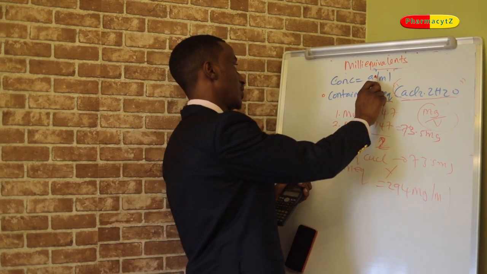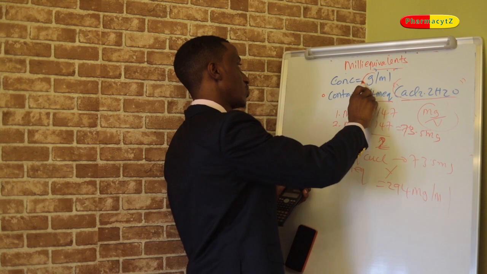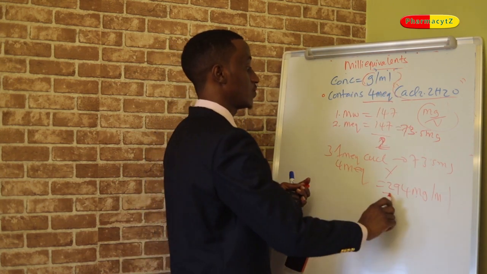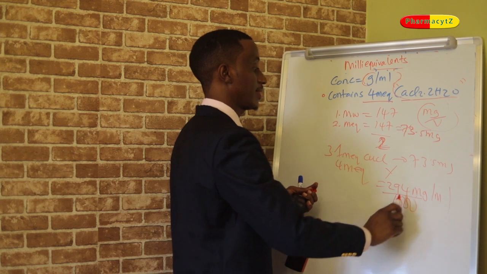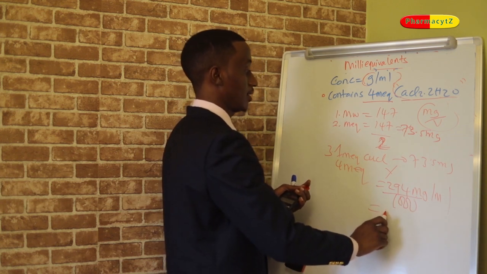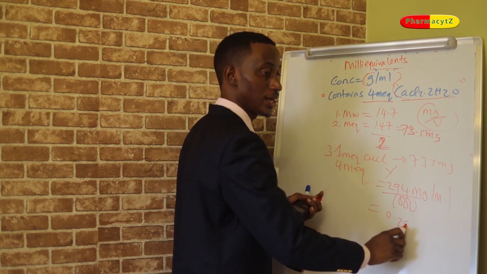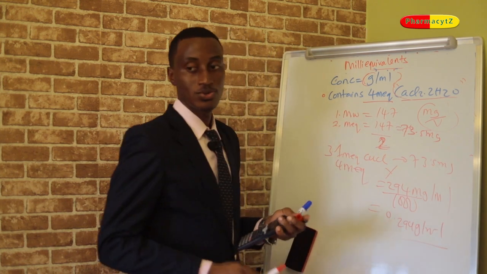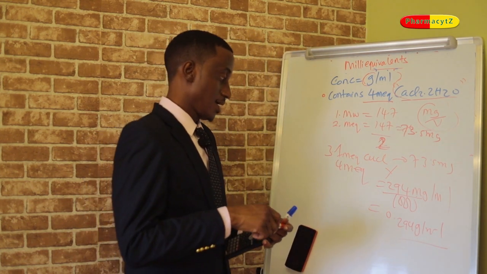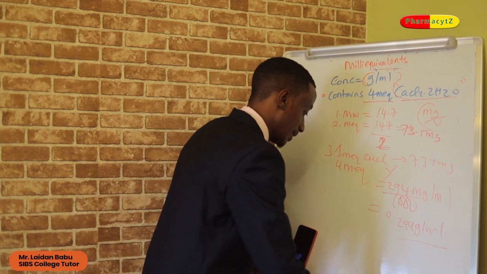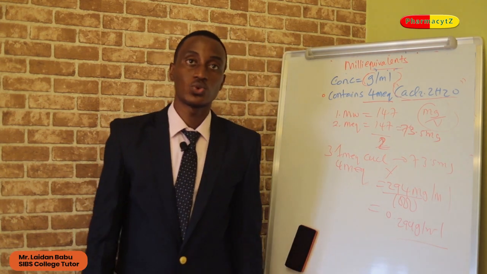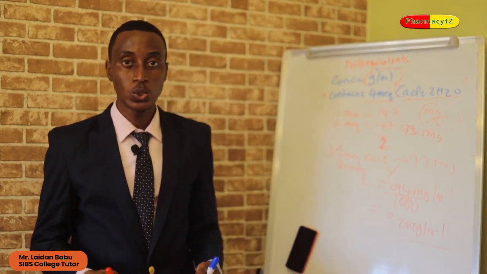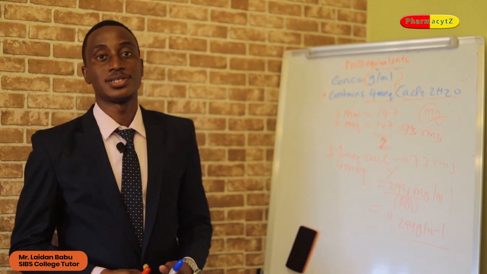Remember our question is to convert into concentration of gram per mil, and these are milligrams per mil. Then you simply divide by 1,000. That makes 0.294 gram per mil, and that is your concentration. So that is how to go about milliequivalents. We shall be going now to millimoles.